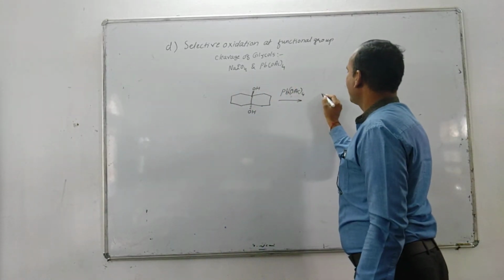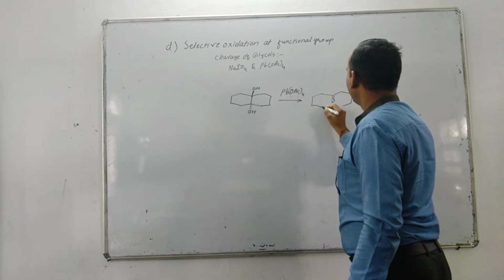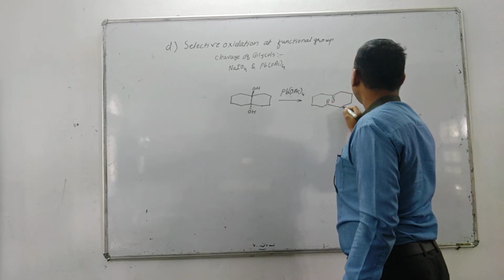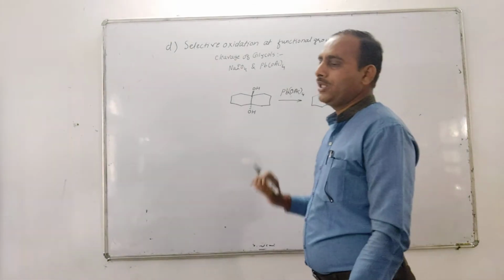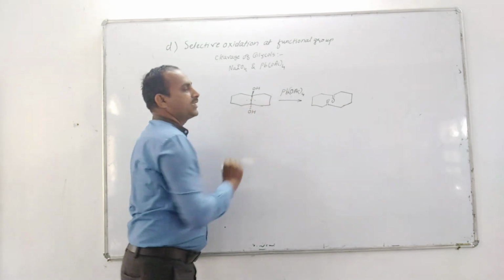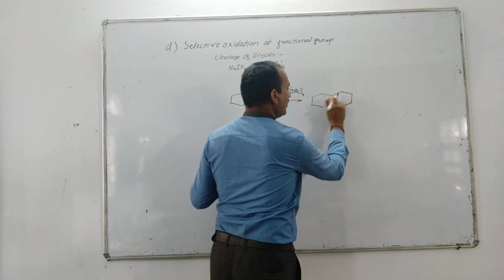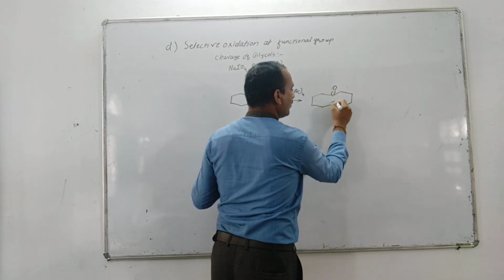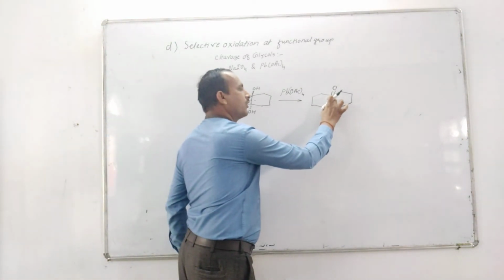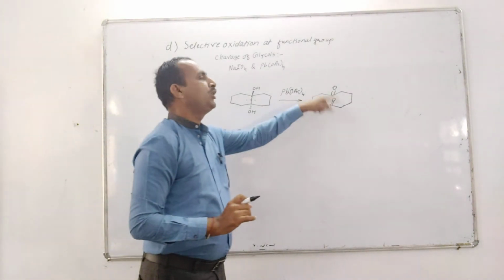This forms C double bond O, C double bond O. So this type of ketone is formed, that means cleavage of this bond takes place again to form such a product. So this is the cleavage of this carbon-carbon bond of the diol to form the carbonyl groups.